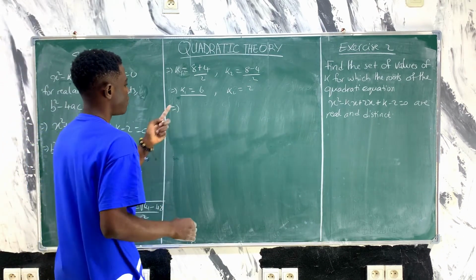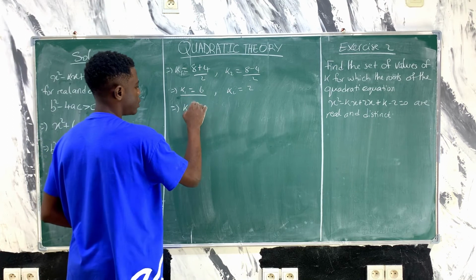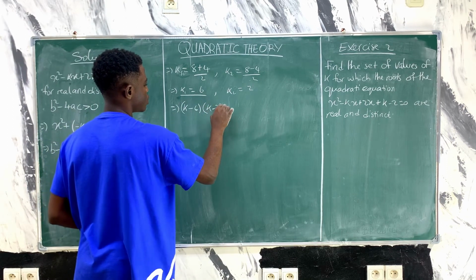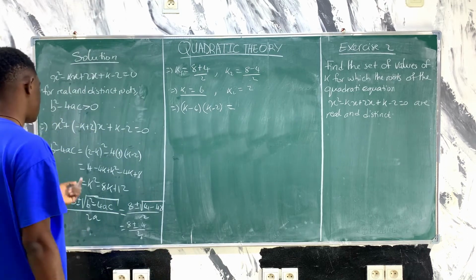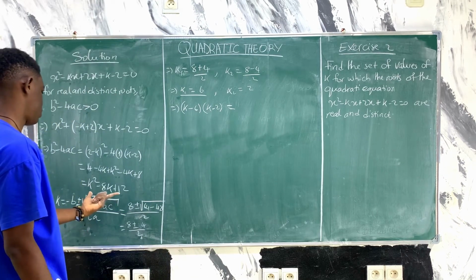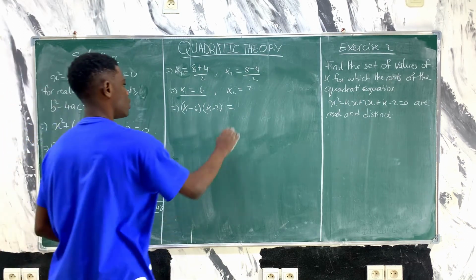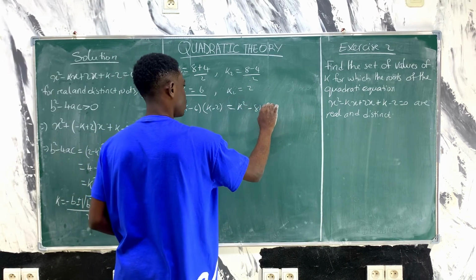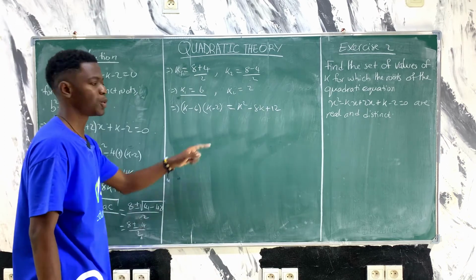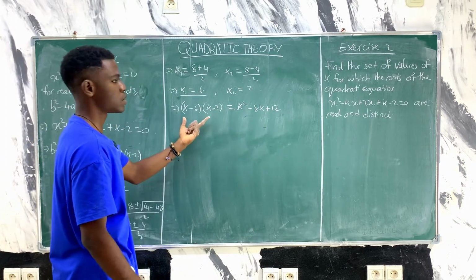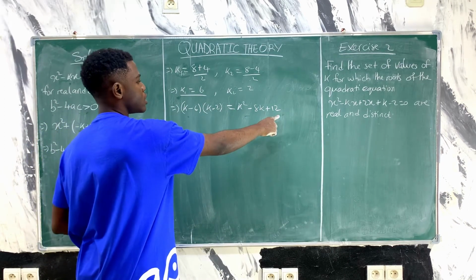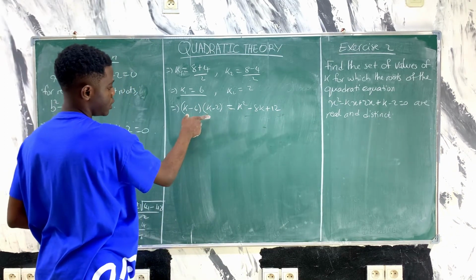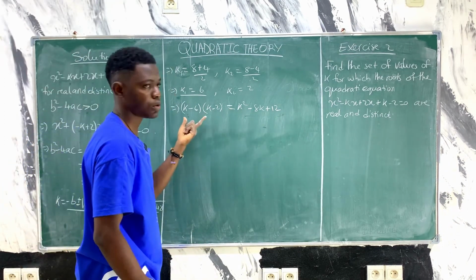Which implies, to have my factors, I'm going to have k minus 6, k minus 2. That is actually equal to k squared minus 8k plus 12. Normally, you're supposed to write this first, that k squared minus 8k plus 12 is equal to this.